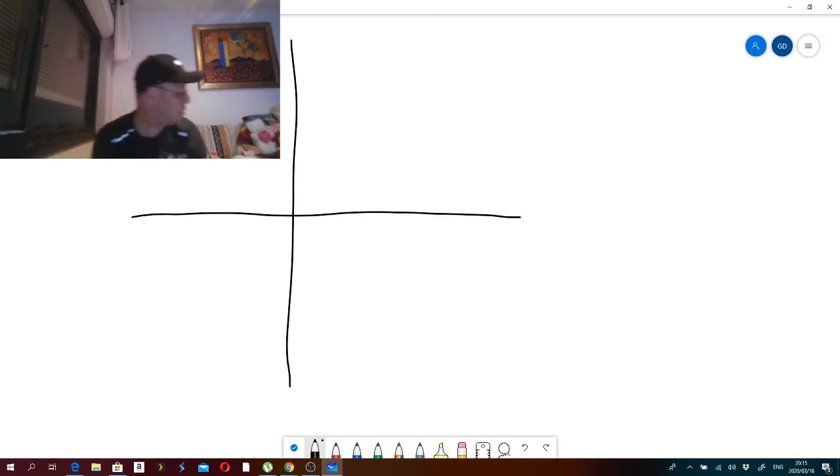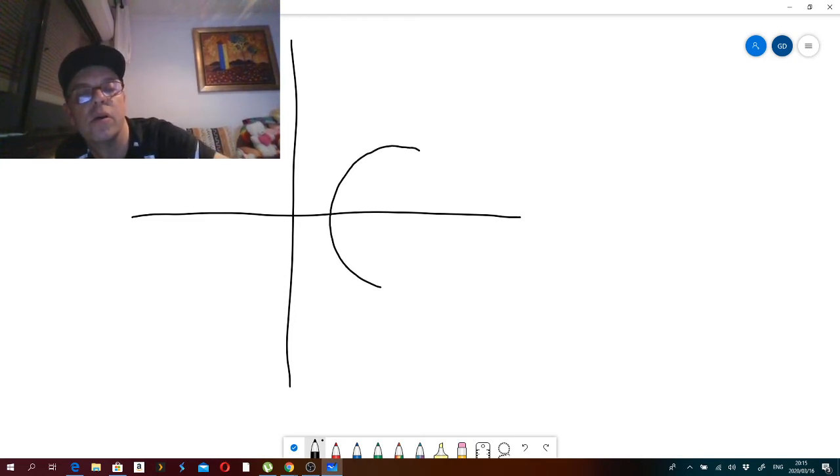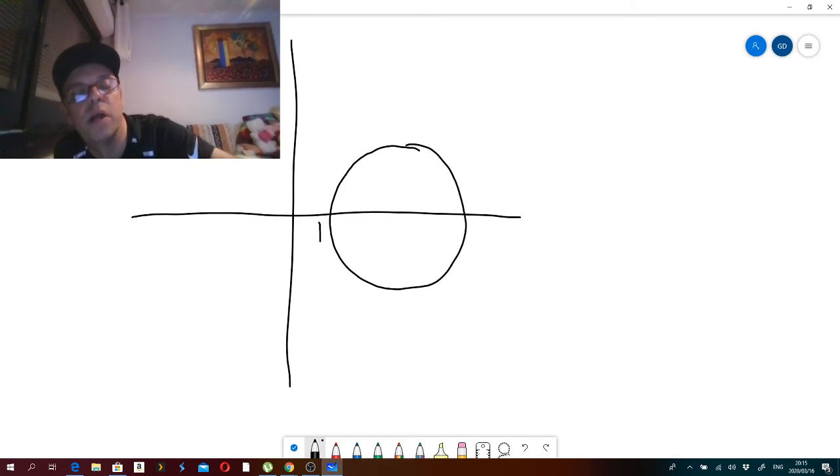We've got a circle which has a center, we said, of 5, 3, and we know that this goes through 1, 0 and 9, 0. So this point here must be the 1, and that point must be the 9.